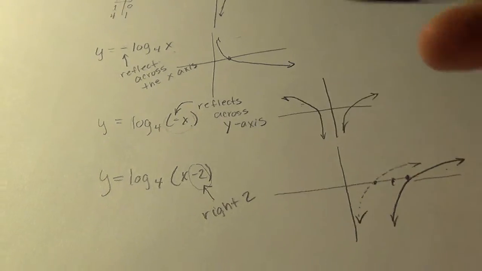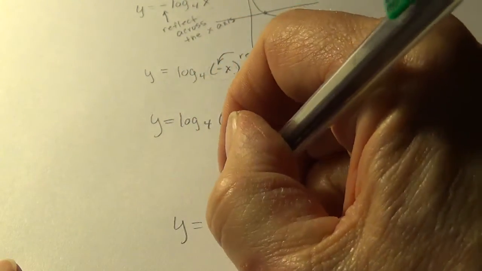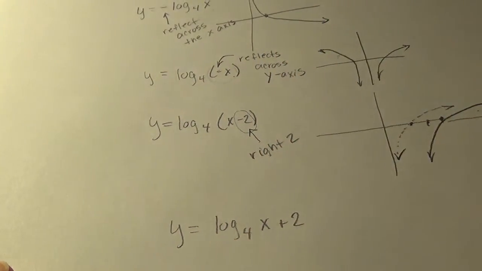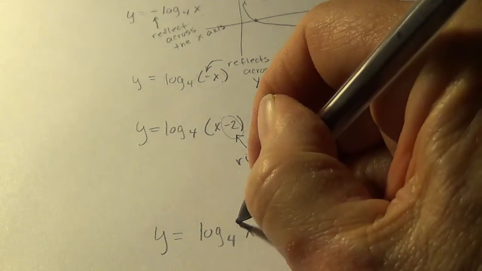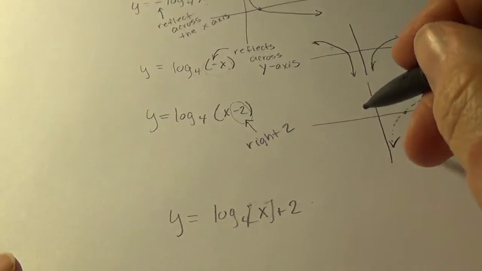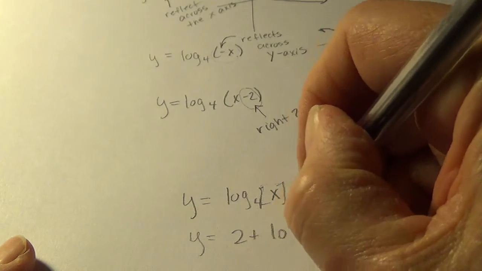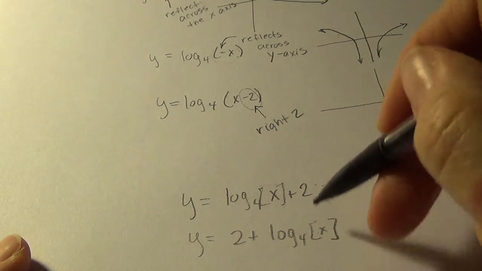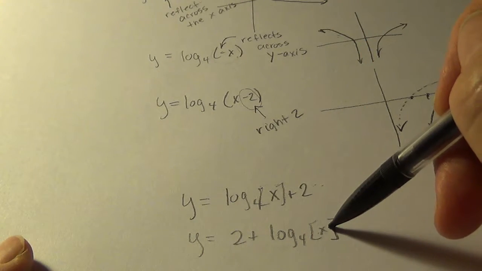And when you take it outside of the argument, see, this argument only has an x in it. So that plus 2 is outside of the argument. I could have written it more clearly as this. These two are the same. This clearly shows you the 2 is not inside the argument.